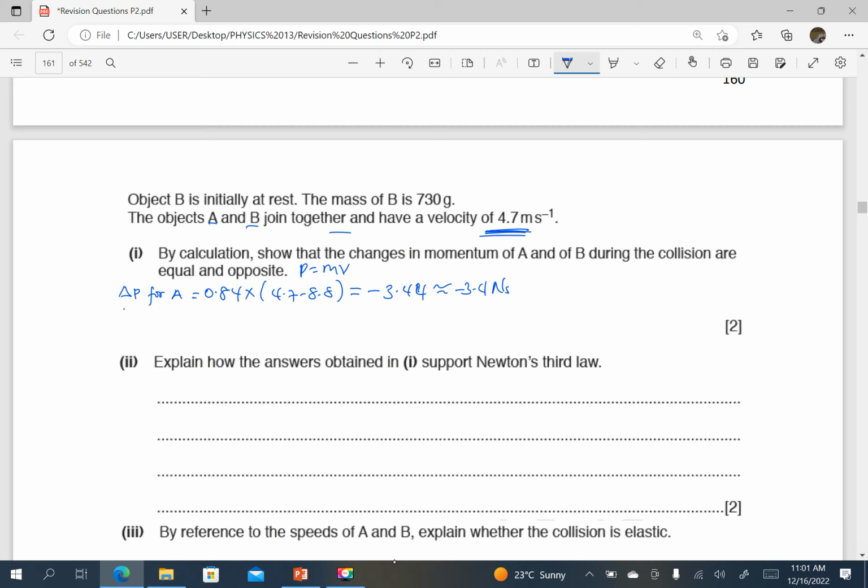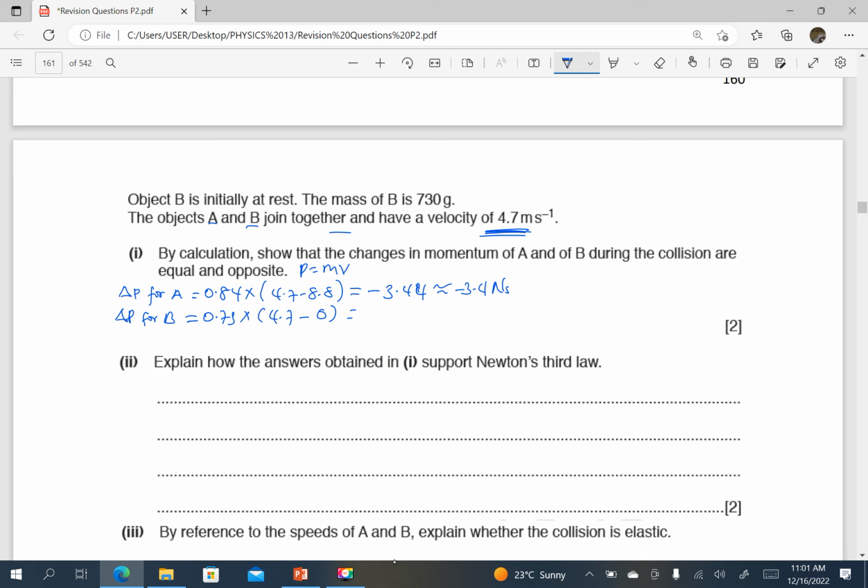Let me check the change in momentum for object B. The mass is 730 grams, which is 0.73. The final velocity is 4.7, but remember it was initially at rest, so this is minus 0. So I say 4.7 times 0.73. This is giving me positive 3.43, which is approximately 3.4 Newton seconds.